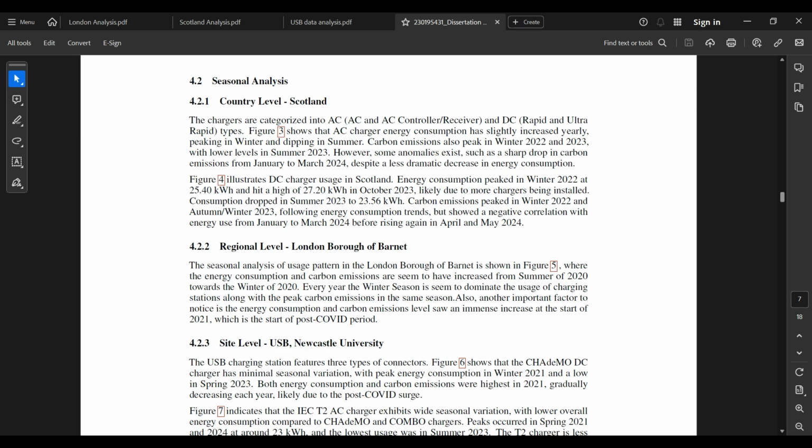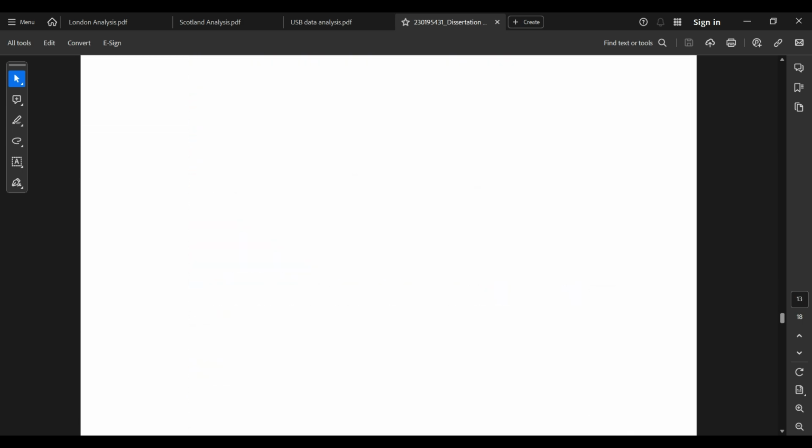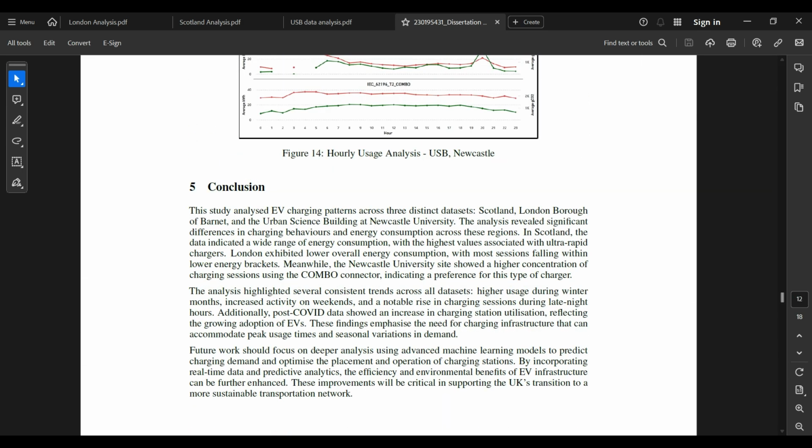So overall it can be seen that the carbon emissions follow kind of similar trend with the energy consumption, which might prove a positive relation between carbon emissions and energy consumption.